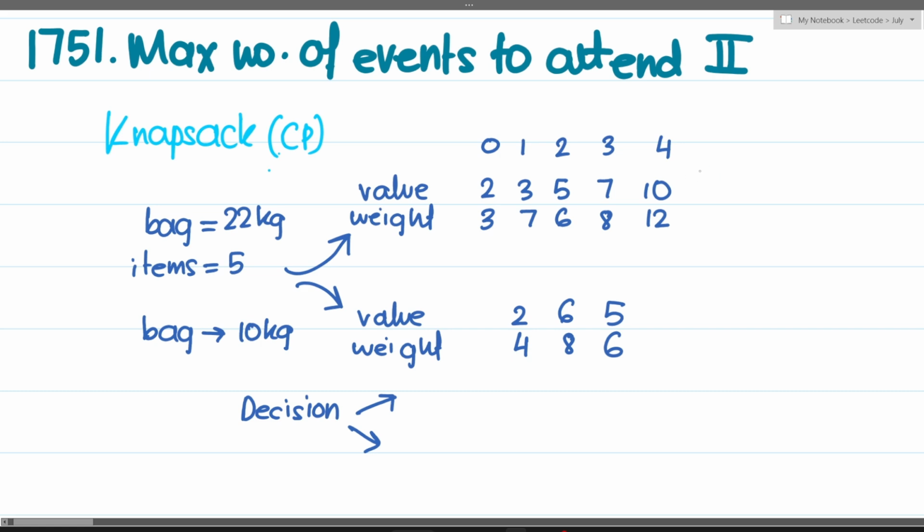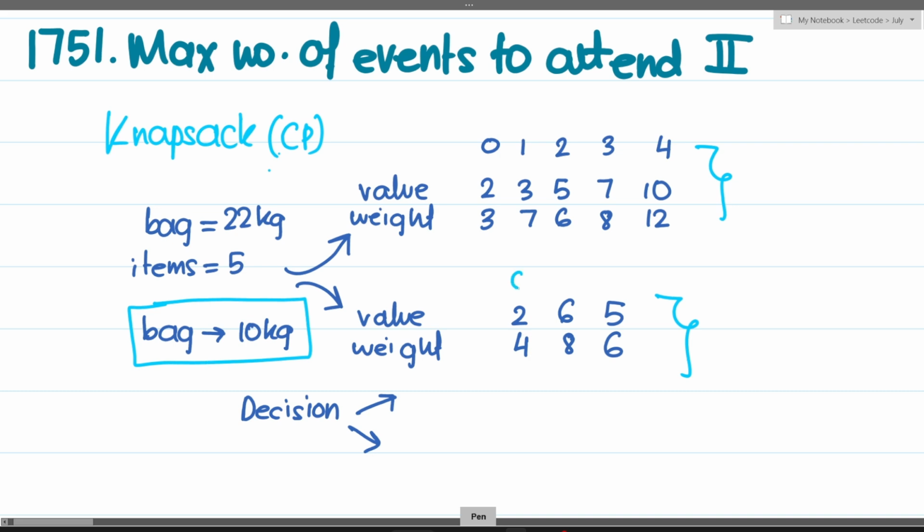So if I have two examples in front of you, all right, let's first look at a simpler example. Let's say that you have a bag, okay? The capacity of that bag is 10 kg. So you're going to put some number of items inside of it, and each of those items has some weight.